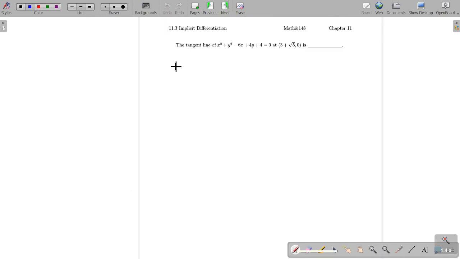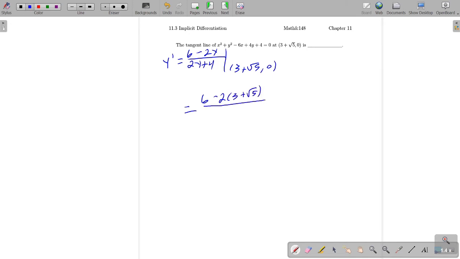And of course, y prime equals (6 minus 2x) over (2y plus 4), evaluated at (3 plus radical 5, 0), which is going to equal 6 minus 2 times (3 plus radical 5) over 2 times 0 plus 4, which is (6 minus 2 radical 5) over 4, which is negative radical 5 over 2.